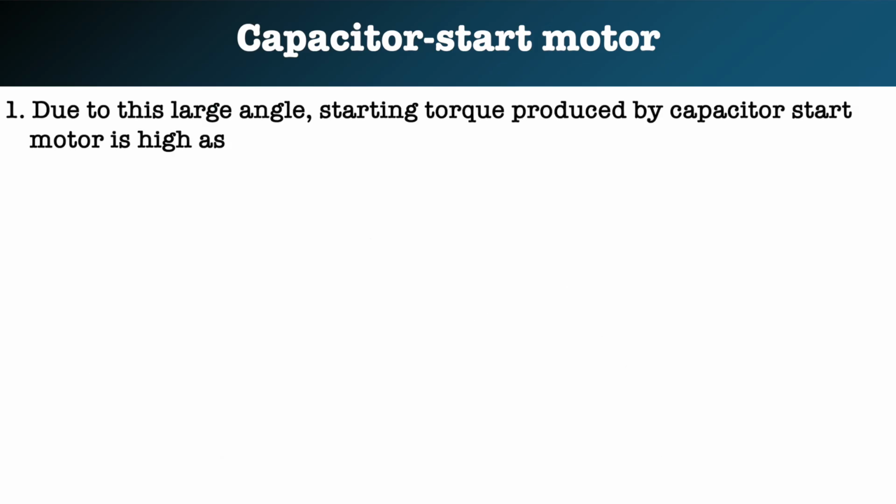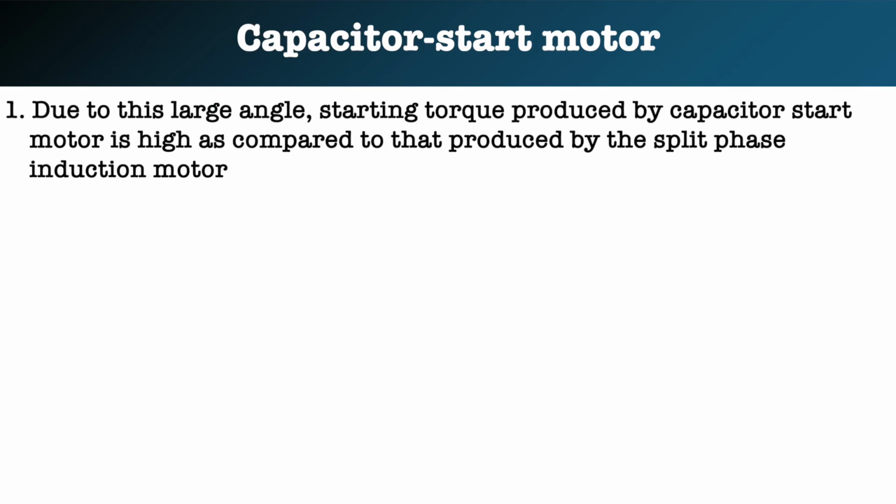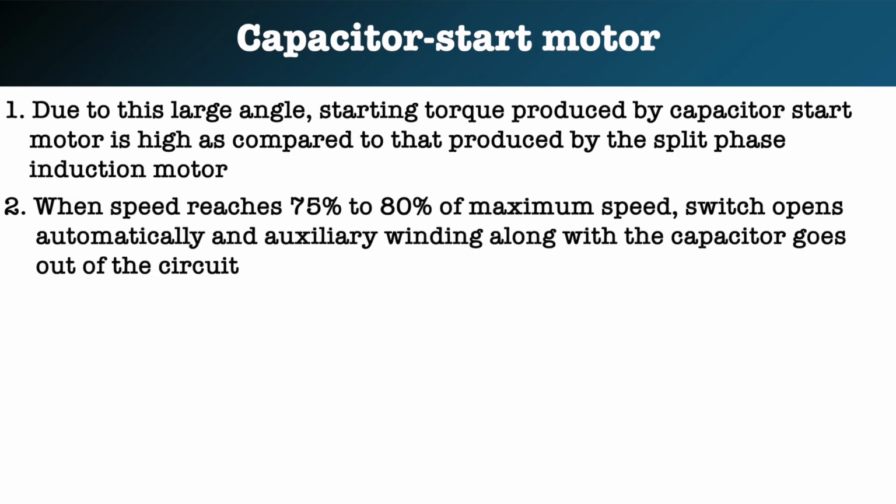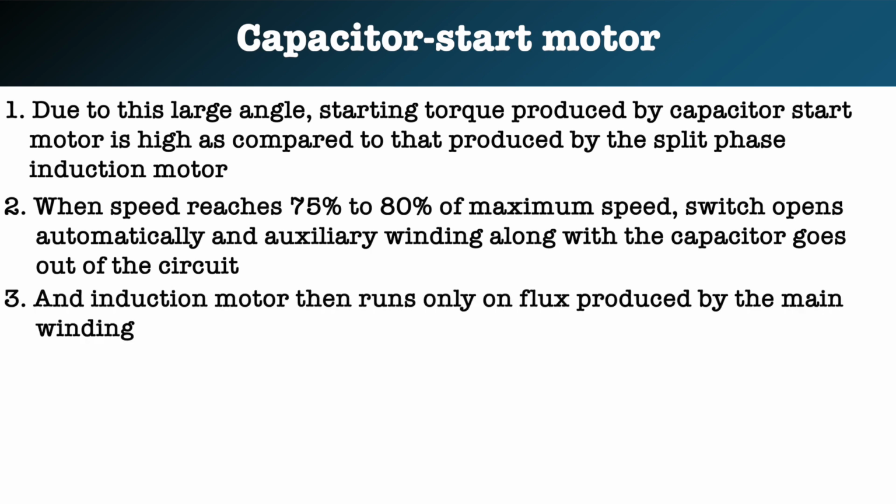Due to this large angle, the starting torque produced by the capacitor start motor is high as compared to that produced by the split phase induction motor. When speed reaches 75% to 80% of the maximum speed, the switch opens automatically and the auxiliary winding along with the capacitor goes out of the circuit, and the induction motor then runs only on the flux produced by the main winding.